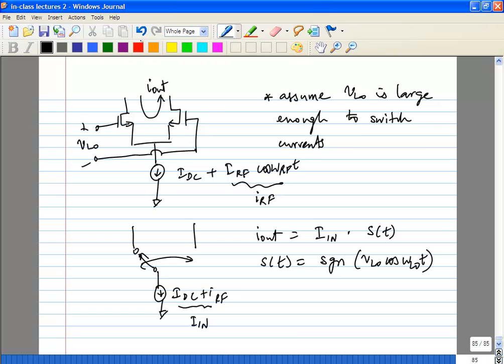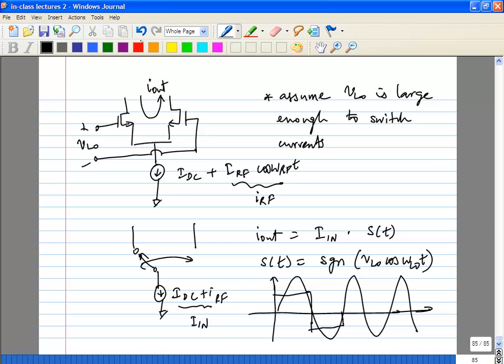Because all it does is it just switches the current one way or the other. So it's a signum function of your LO signal. In other words, if your signal cosine looks like this, you get the idea.